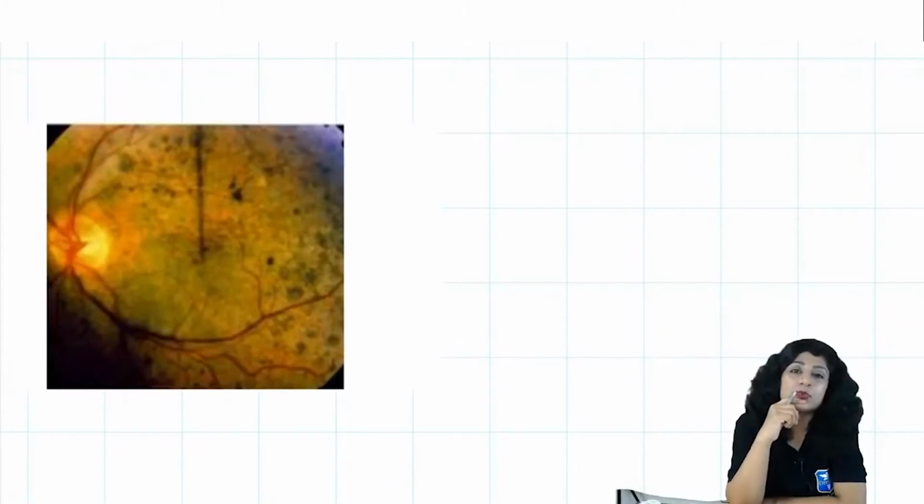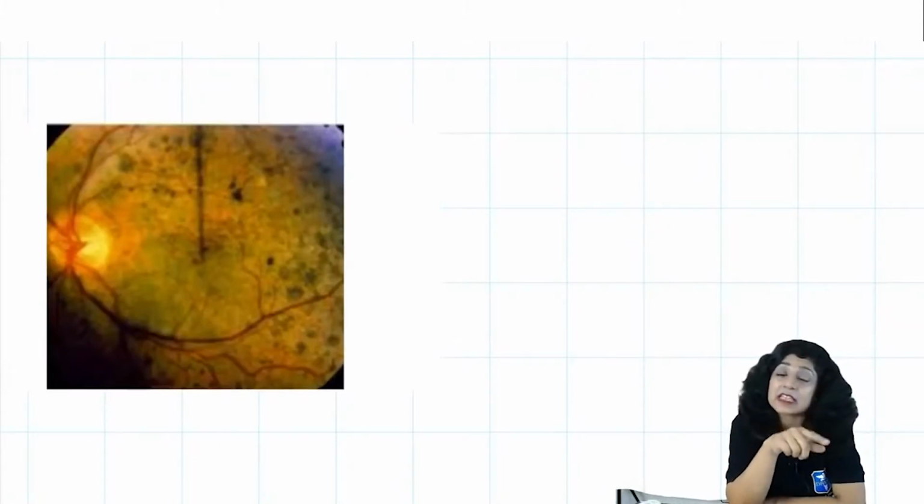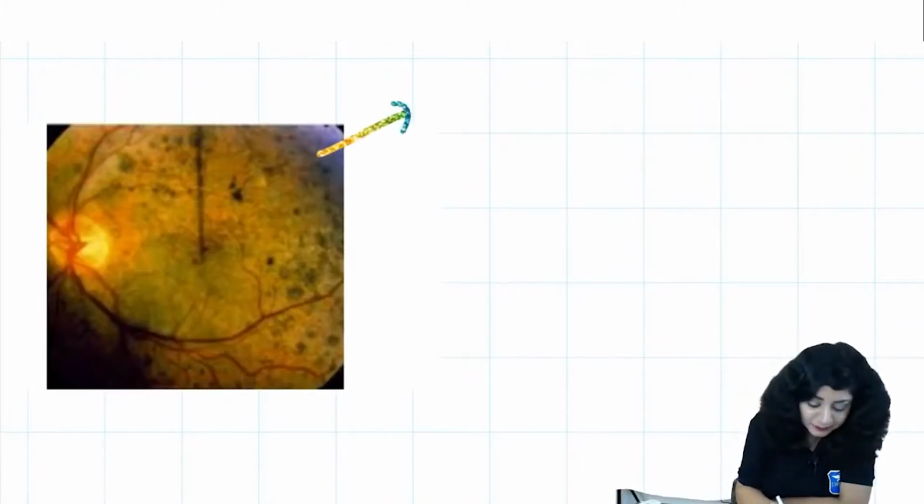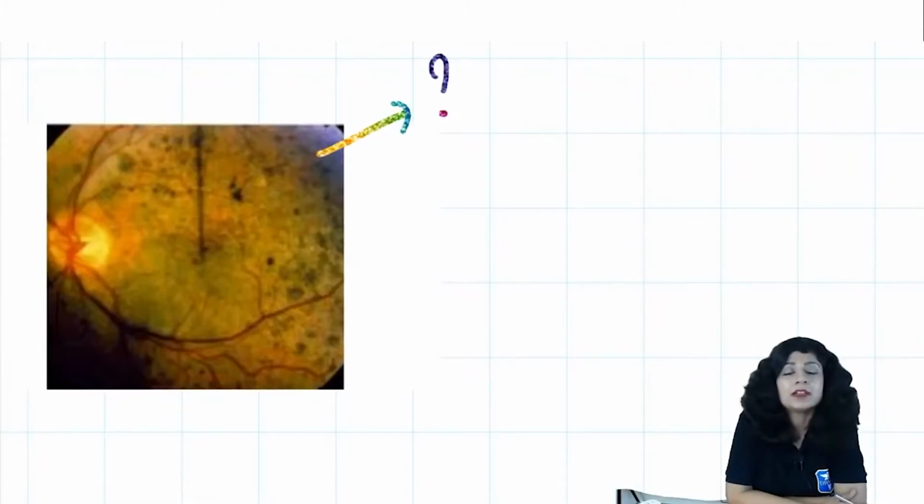You will not be able to find out whether it is this or whether it is that, because they look quite similar. So can you tell me what is this? Anybody who can tell? Because we have taken the fundus images many times. We have done a separate video also on fundus images. So what is this, and what is the most common cause of this?